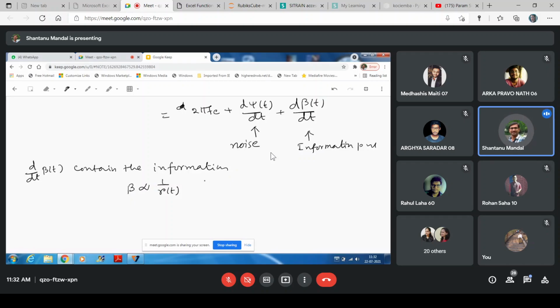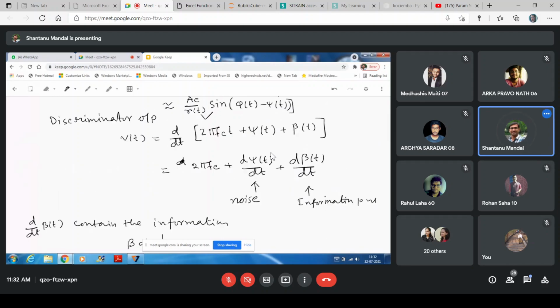So in the total output, we cannot extract the message signal, because the output contains all the noise part. The output is the distorted version. So when CNR, the carrier to noise ratio, is very much less than 1, the output of the FM contains the noise distorted signal.